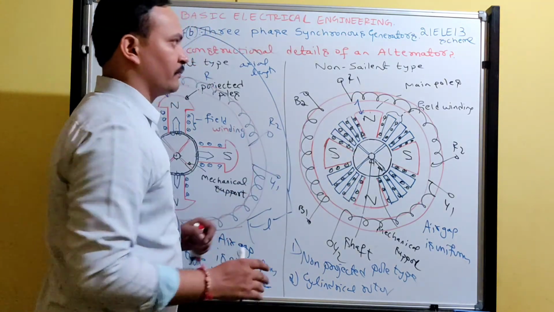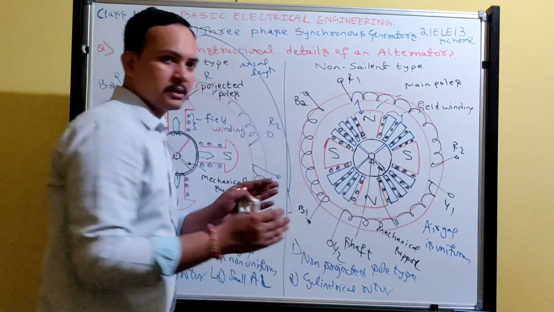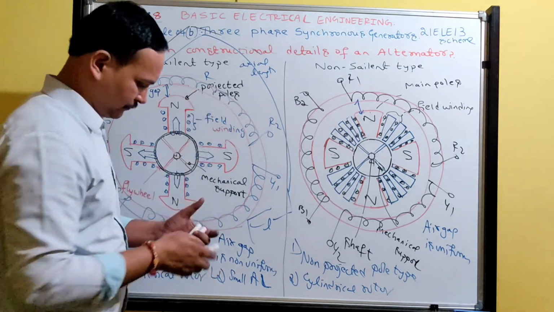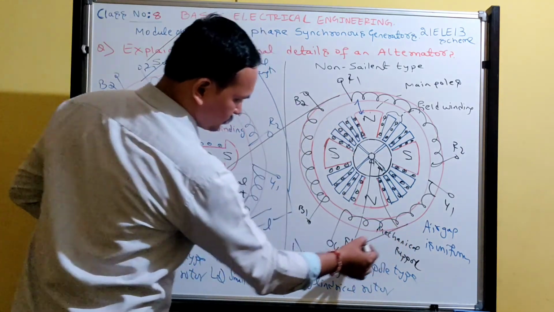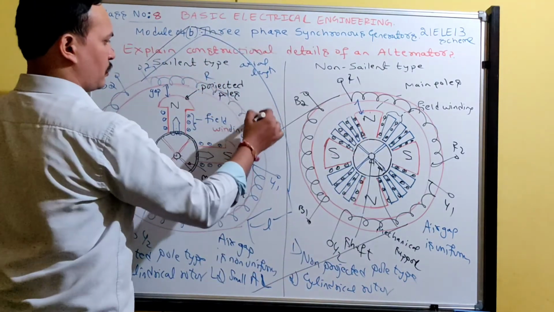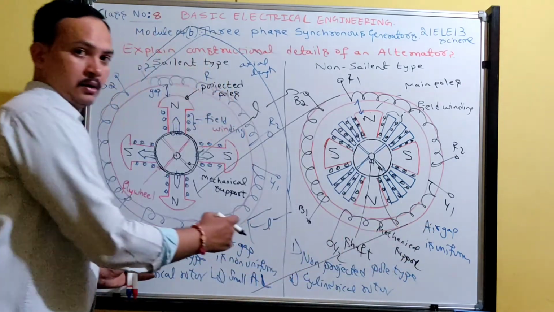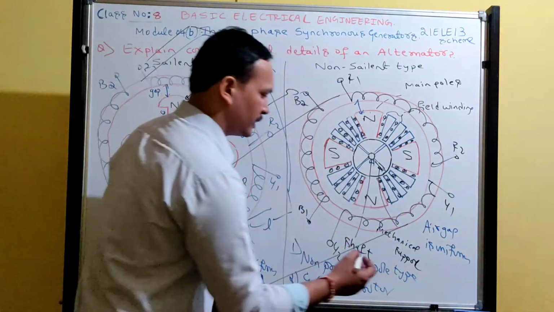What about the non-salient type alternator? This type of alternator is smaller in diameter but larger in axial length. Look at here, this is the overall length of the alternator, but the diameter is very less. So that is the difference.